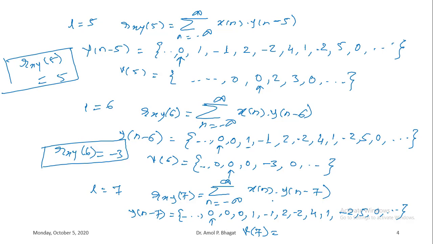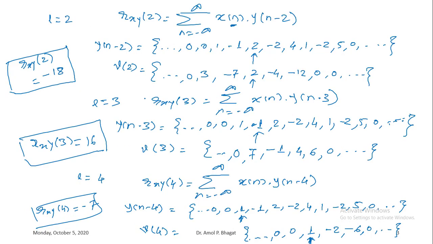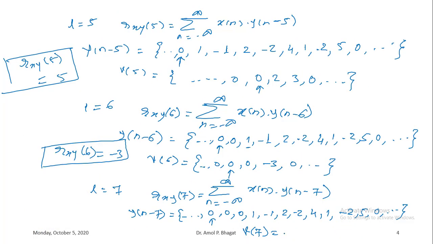Again y of n minus 7 gets multiplied with x of n, right? So at origin 0 value is there, and at origin 1 is there, so the multiplication will be 0 simply. On the left hand side of this origin all values are 0, so there will be simply 0. At origin again you will get 0, at first position again 0, because 0 multiplied with any value will be 0.